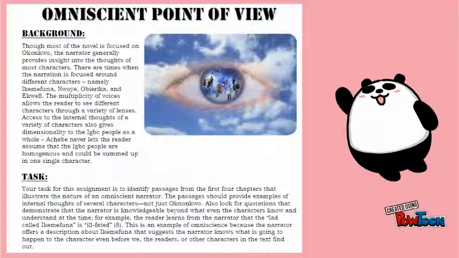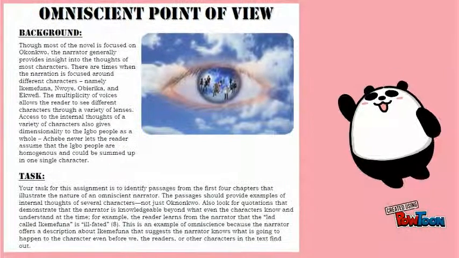The multiplicity of voices allows the reader to see different characters through a variety of lenses. Access to the internal thoughts of a variety of characters also gives dimensionality to the Igbo people as a whole. Achebe never lets the reader assume that the Igbo people are homogeneous and could be summed up in one single character.